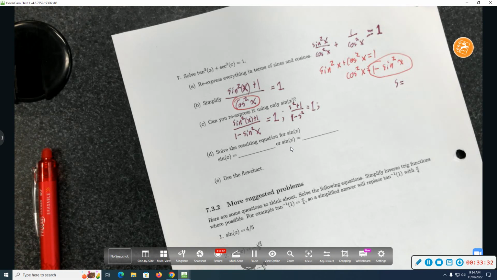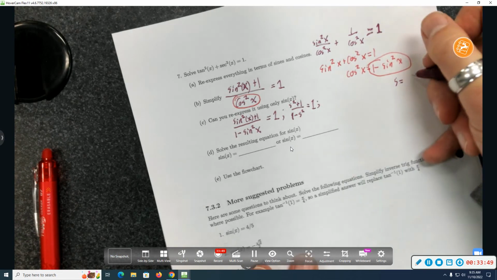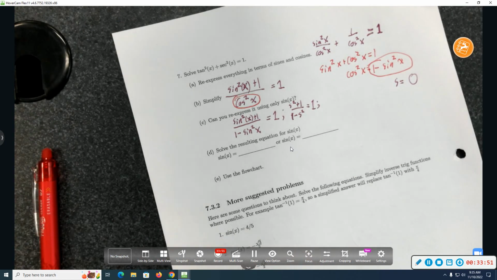Cool. So you solve that for us. What do you get? I hear a 0. People agree? Cool. People want some more time? Should I go through the steps to get that s equals 0? Lots of people in the room did.